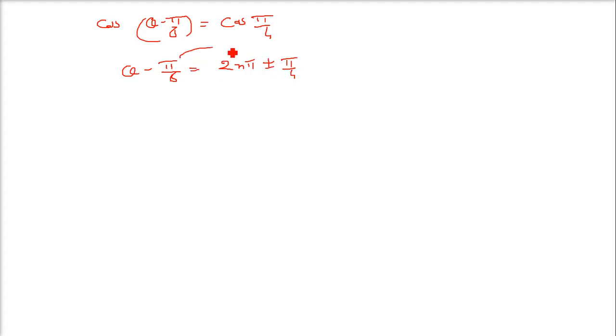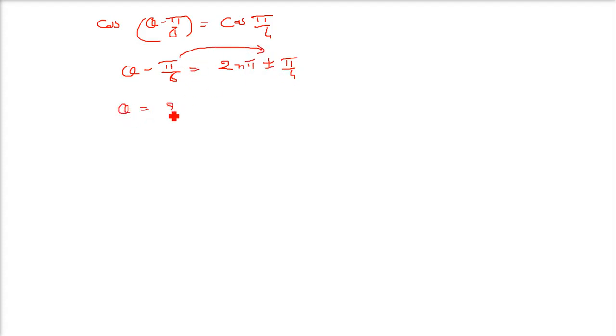So let us write it here. Cos theta minus pi by 6 is equal to cos pi by 4. So this simply means we have a cos theta equal to cos alpha type of equation, and we know that the general solution of this is theta minus pi by 6 is equal to 2n pi plus minus pi by 4. Now take pi by 6 here.